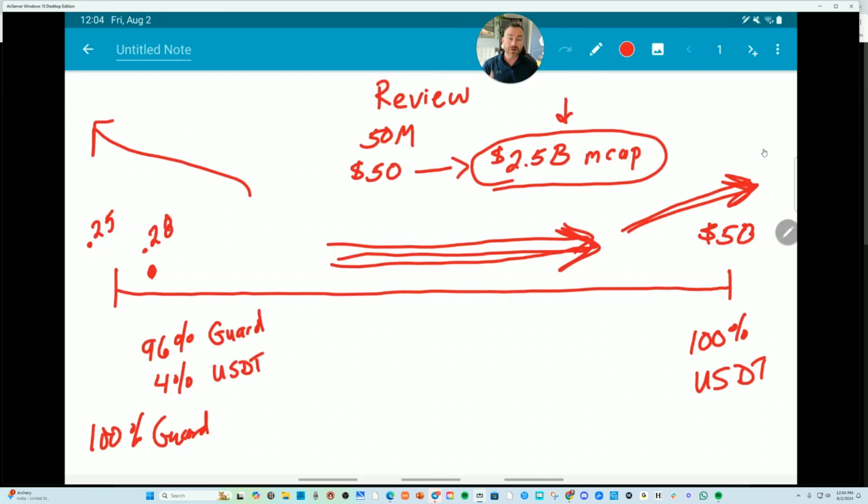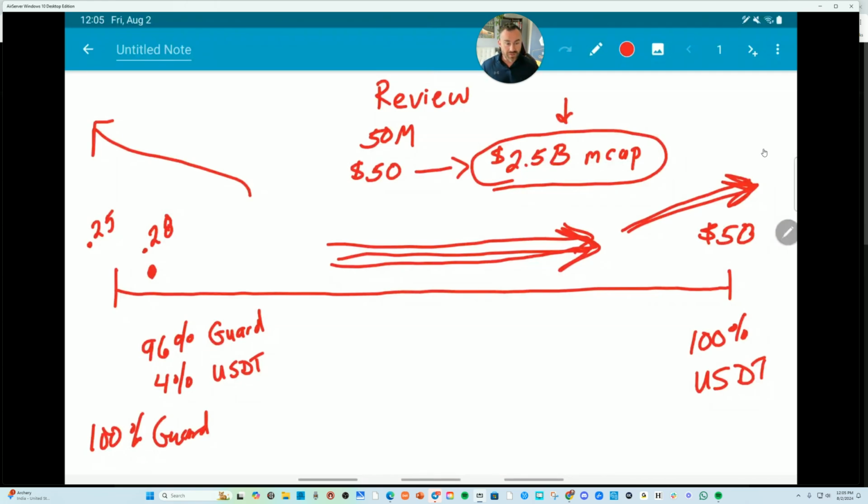Because along the way, the value of your liquidity pair is still rising in correlation to the appreciation of guard's price action, okay? Meaning, if I started with my $10,000, it's going to be much, much more than that. We don't know exactly how much, because it partially depends on trade volume and what you earn in trading fees and all that kind of stuff. So we don't know exactly, but it goes up in value in correlation with guard's price action, okay?